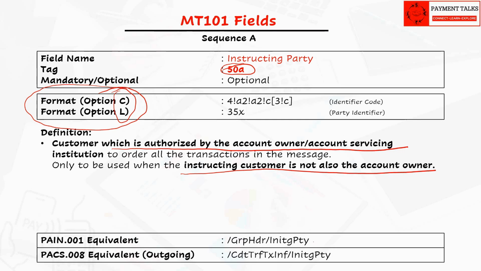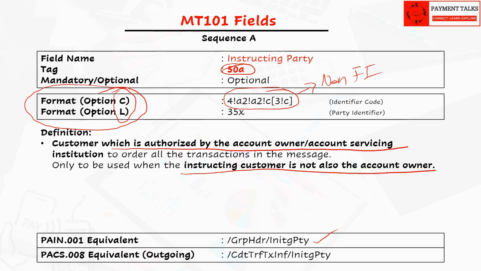As we already discussed, the initiating party in ISO is a party field and not agent field. Here, instructing party is also a non-financial entity. That is why in MT there is a network validation that when option C is used to mention BIC, then it should be a non-financial institution BIC.